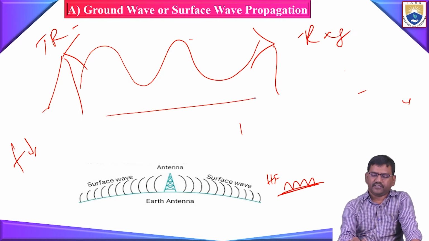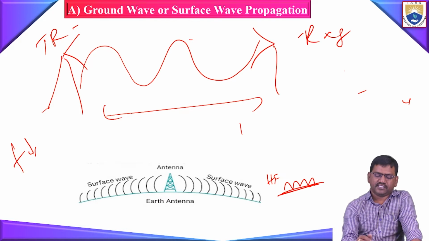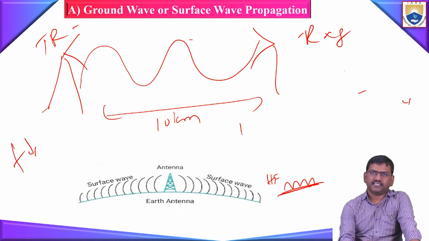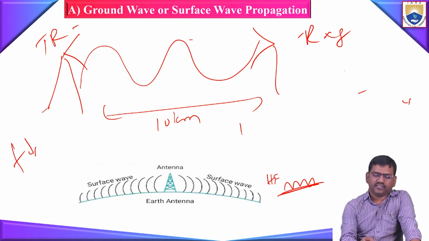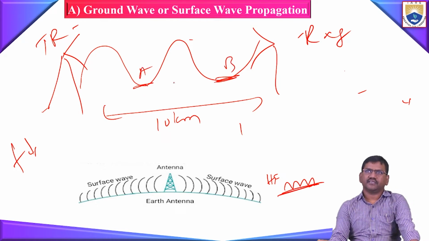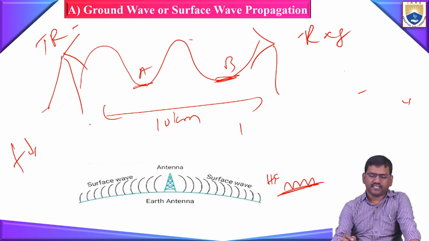If the distance between these two increases, let us say this distance is 10 kilometers. Here there is a distance of 10 kilometers, and we know that here there are 2 portions, A and B. These 2 portions are touching the surface of the earth, and there is a loss of energy happening between the transmitting antenna and the receiving antenna for a distance of 10 kilometers.